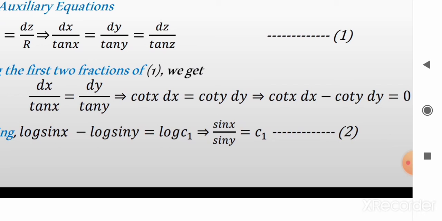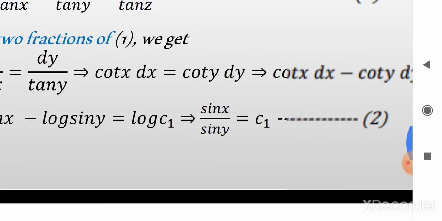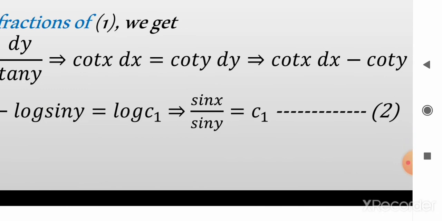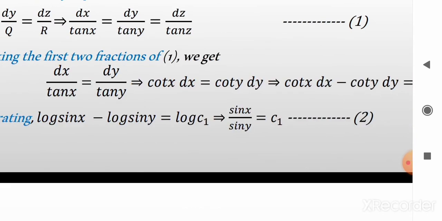Log sin x minus log sin y becomes log of sin x by sin y. So log of sin x by sin y is equal to log c1. The logs cancel off and you simply get sin x by sin y is equal to c1. That is u is equal to c1, one of the two independent solutions we have identified.